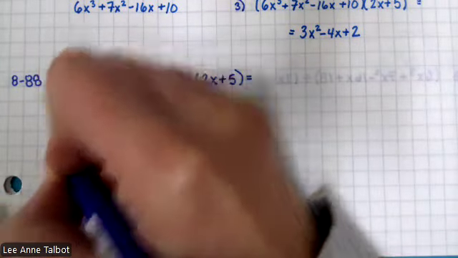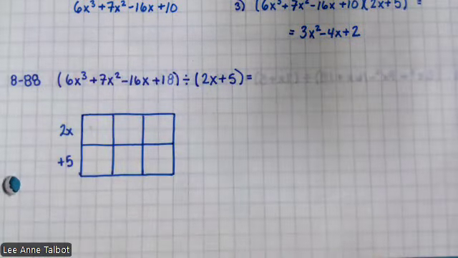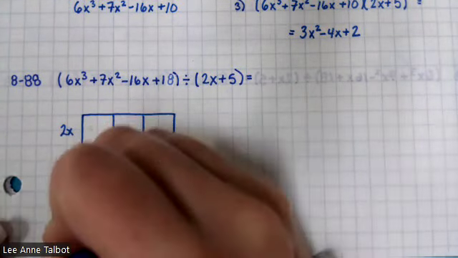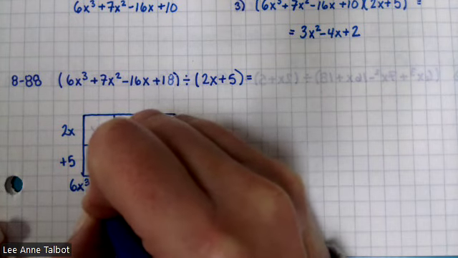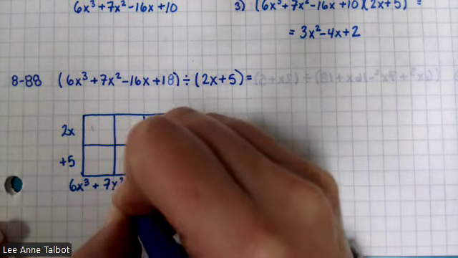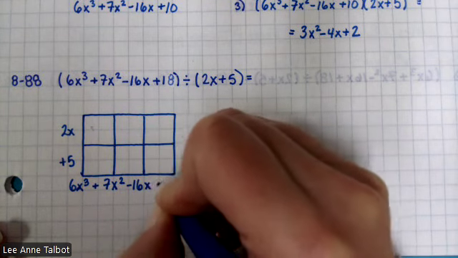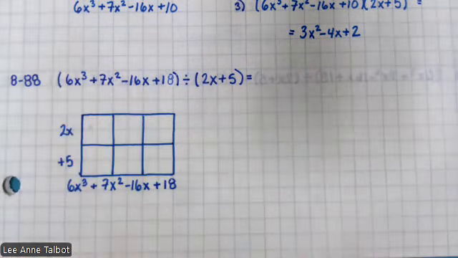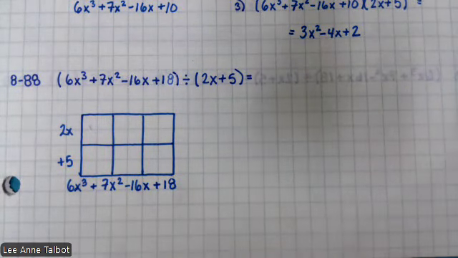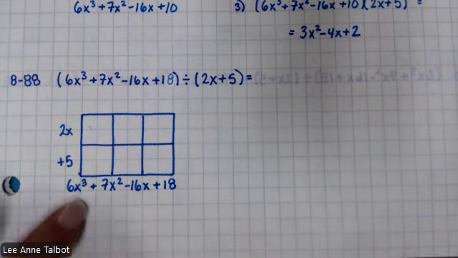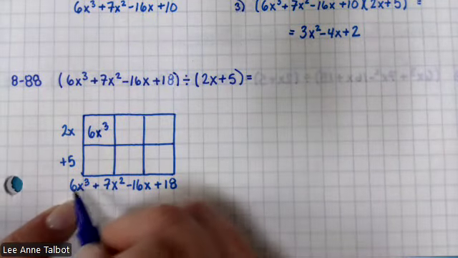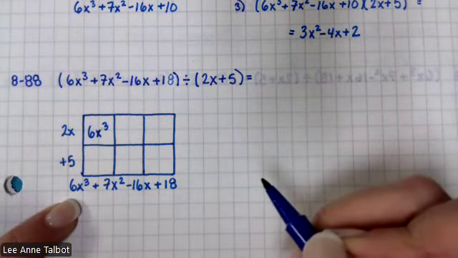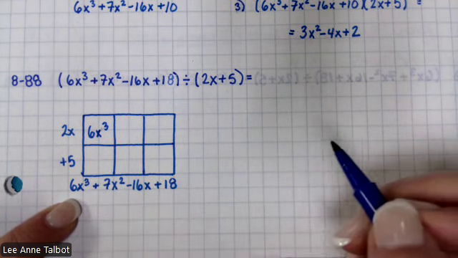Okay, 2x plus 5, divisor on the side, dividend on the bottom. Okay, starts out the same way. So I say to myself, okay, first box is always the same as the first term in my original polynomial. So 6x cubed down here, 6x cubed up here.